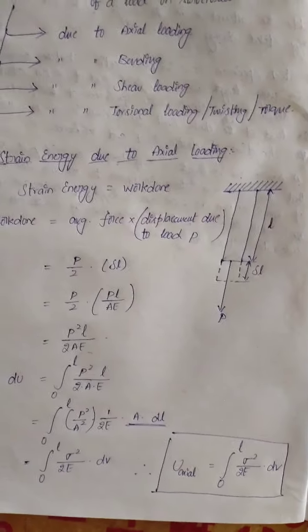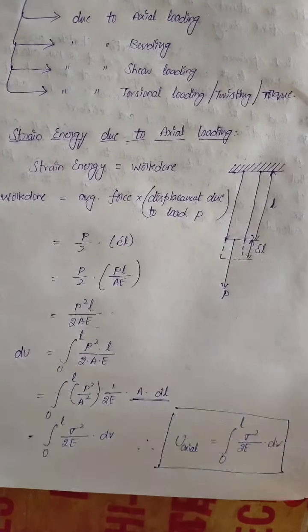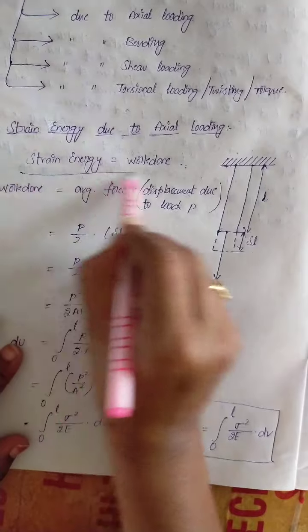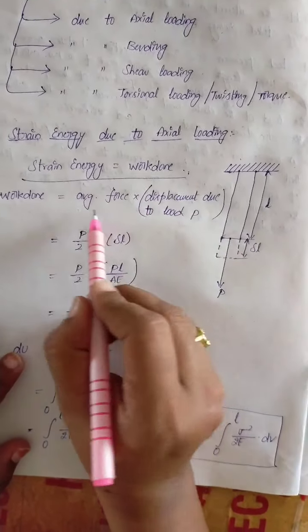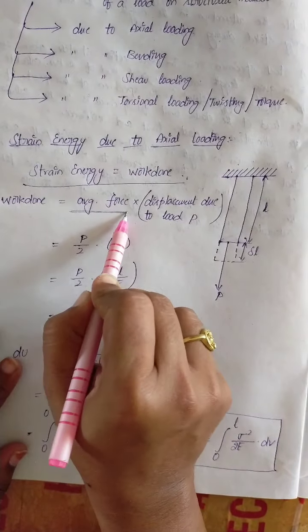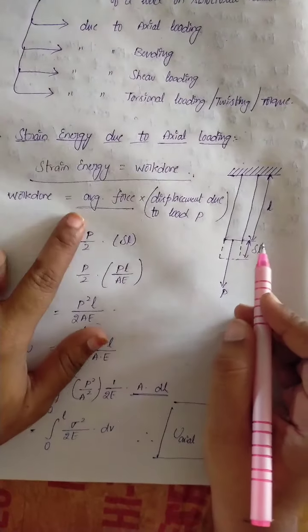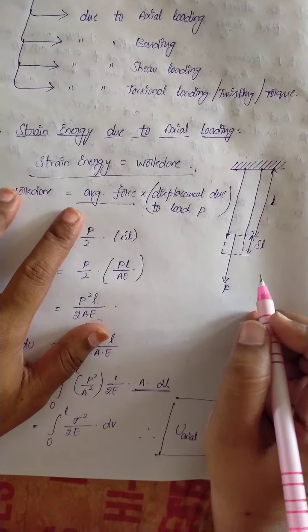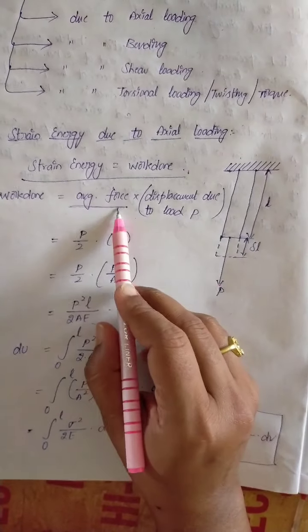And here the two key points we have to remember: the basic formula where strain energy is equal to work done, and the second one is that here you considered average force, because if it is a ductile material, it has an ultimate stress, that's why you have to consider average force.